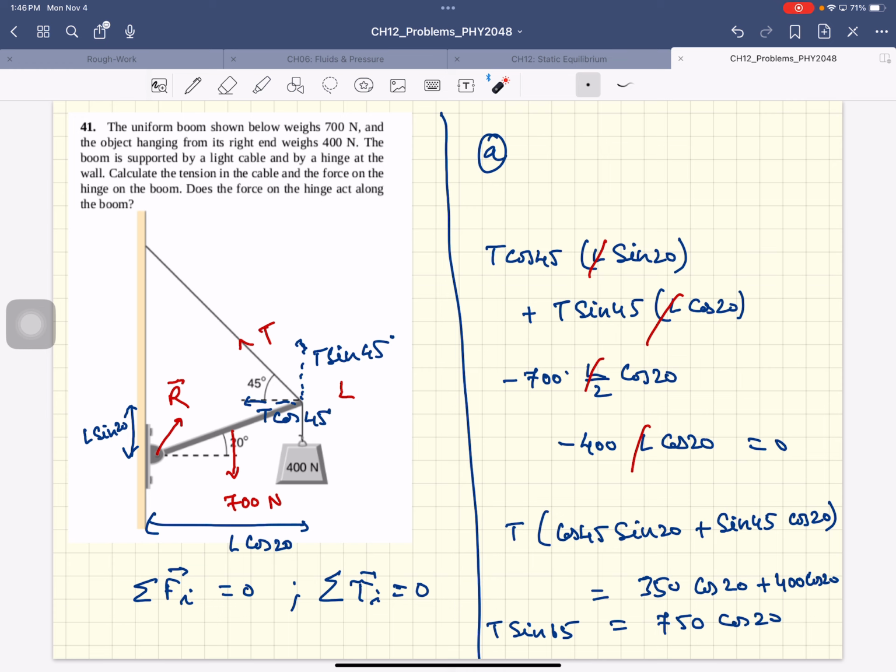Because you have Rx and Ry, or we could just use Rx and Ry. We can just use this equation. Okay, so let's calculate that.